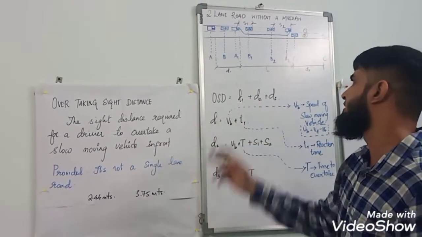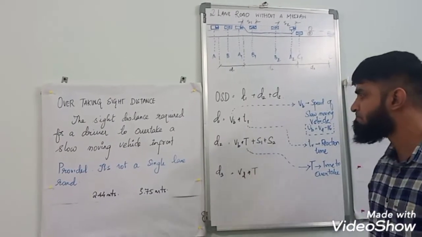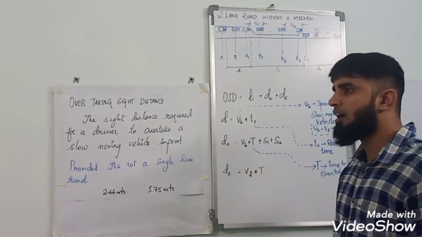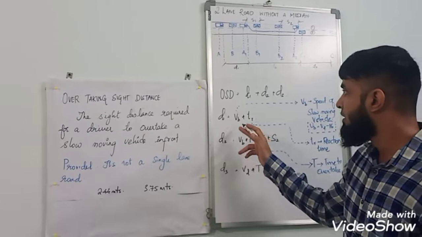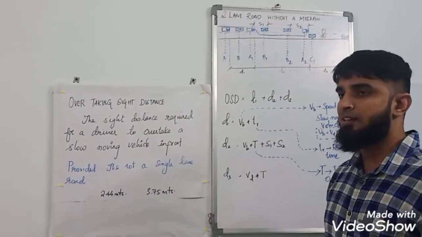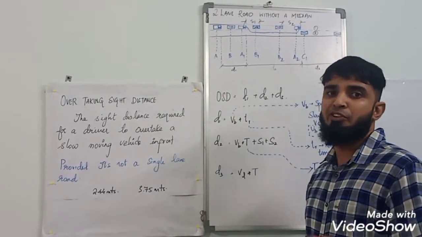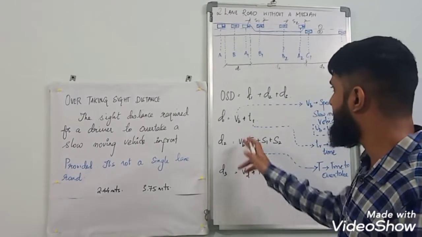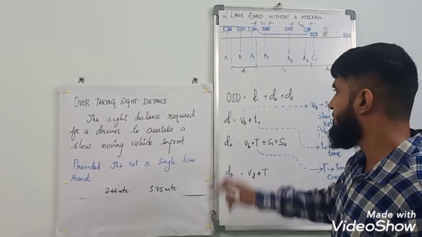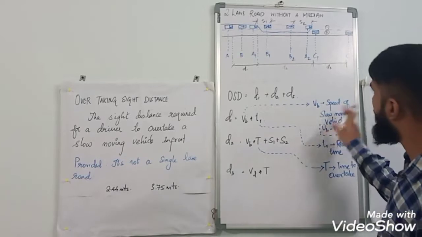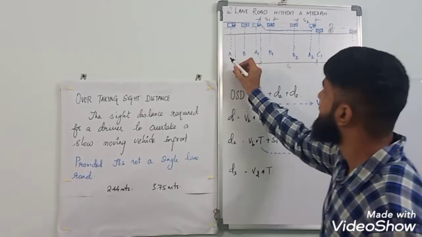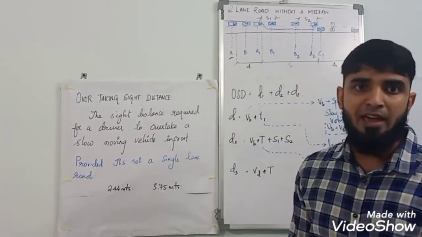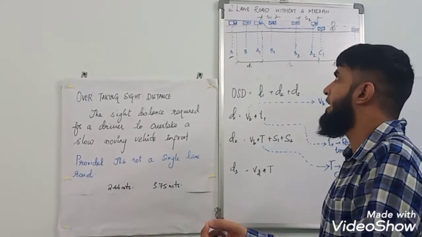Okay, OSD here is D1 plus D2 plus D3. D1, as I have already mentioned, would be VB, that is velocity of vehicle B, multiplied by TR. Now here this is the speed of the slow moving vehicle, even though this is A, which wants to travel at a higher speed.